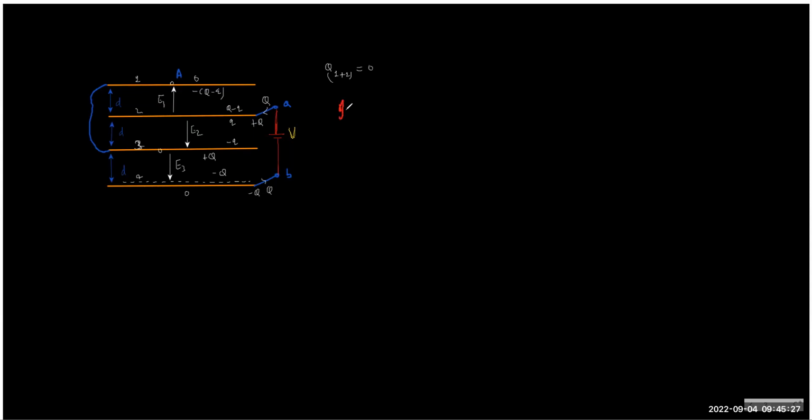So if we move from plate 1 to plate 3, what can we write? V1 plus E1D minus E2D minus E3D, this equals V1.